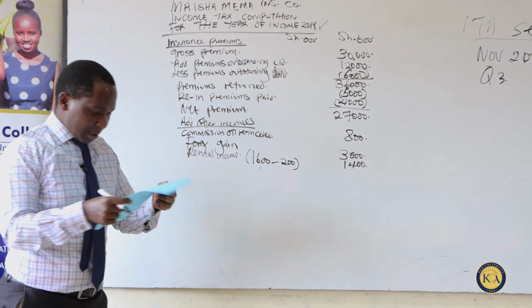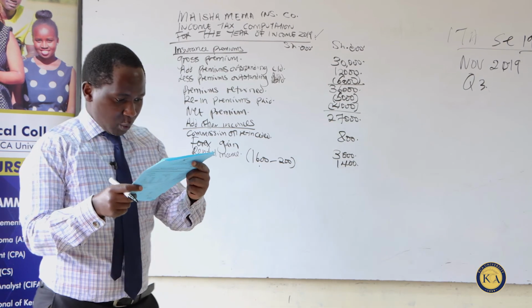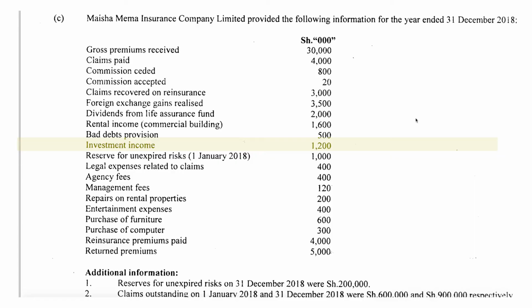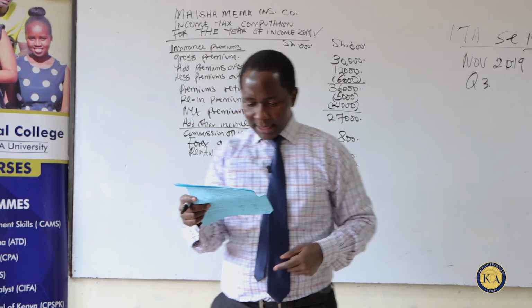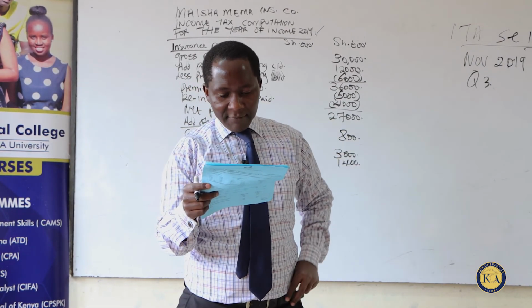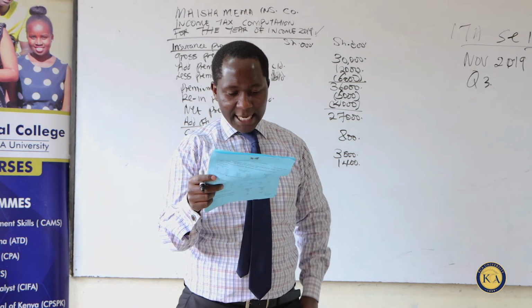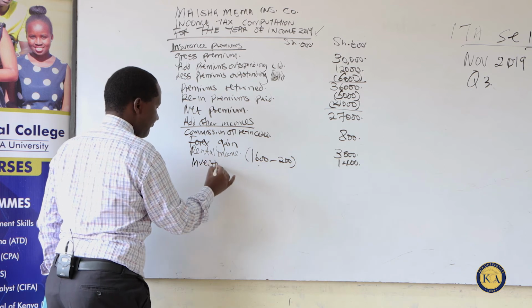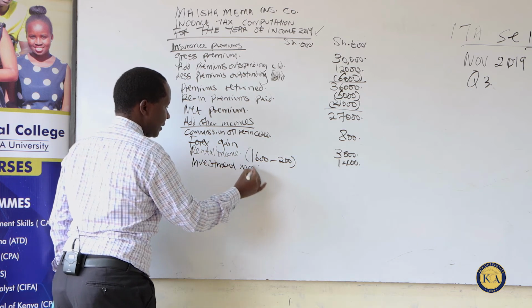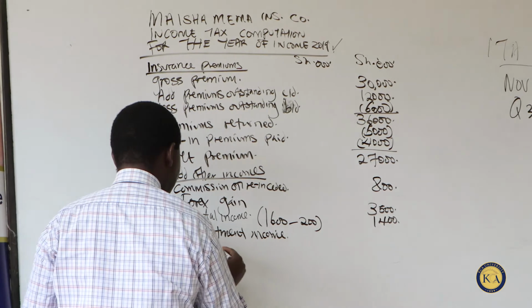We are just about to close the lists of incomes. Before we do so, we consider this investment income. Investment income is 1.2 million shillings, and the breakdown is in note number 6. There's interest from bank of 850 and interest from treasury bonds. Now, let me pick this investment income.